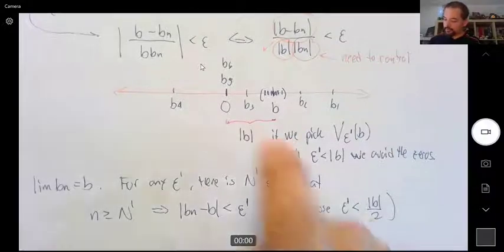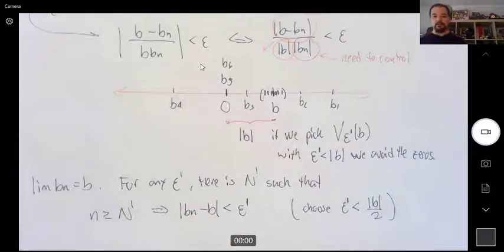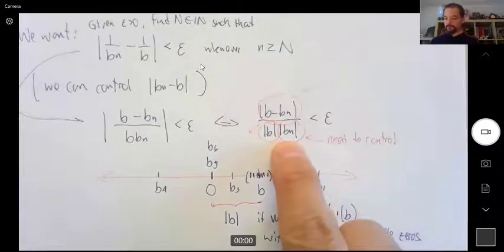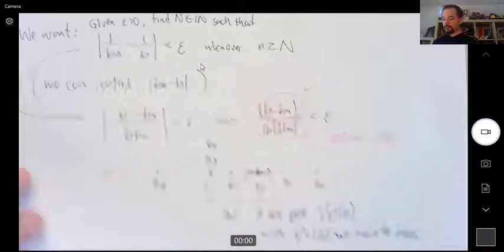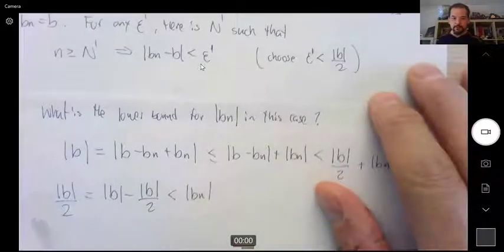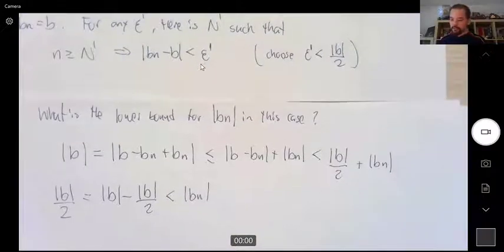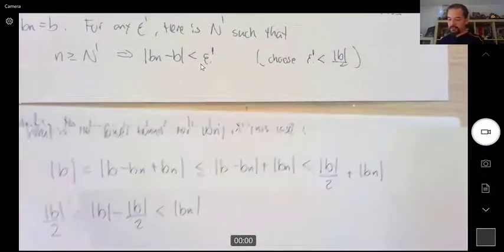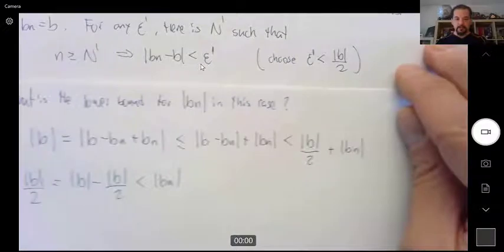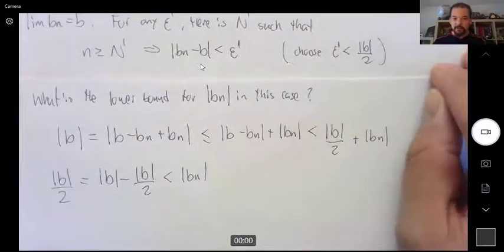So we chose half of that. Okay, and then we try to see if that's enough for us to control b_n, this absolute value of b_n. And that's the last part we did. We asked ourselves if we can guarantee that b_n is bigger than something, in this case, and we can. And that was the argument.